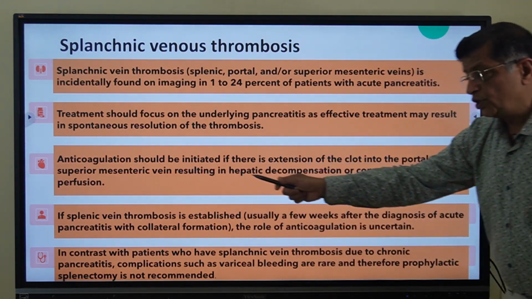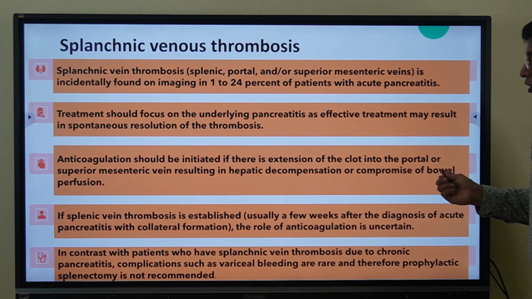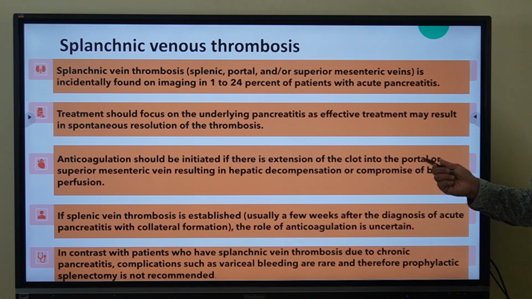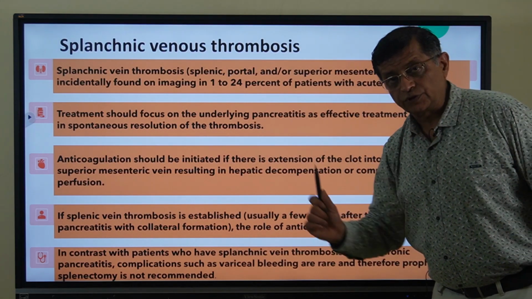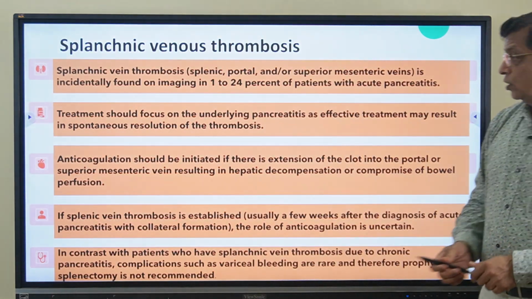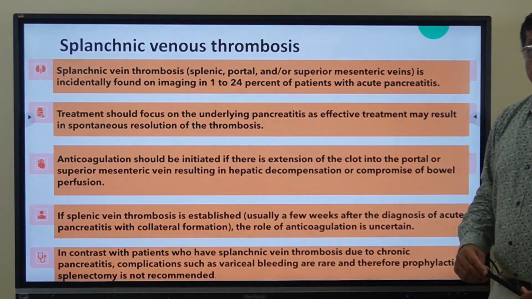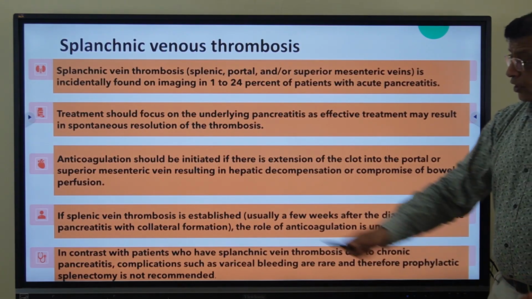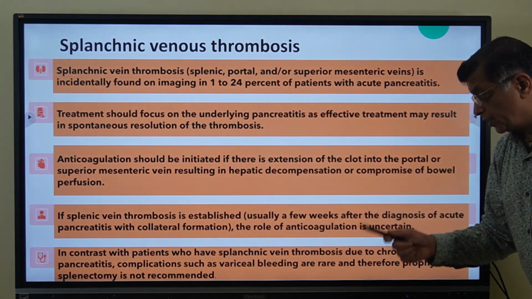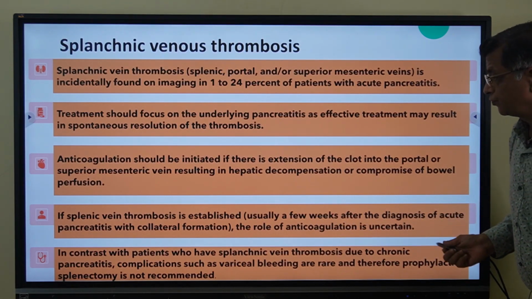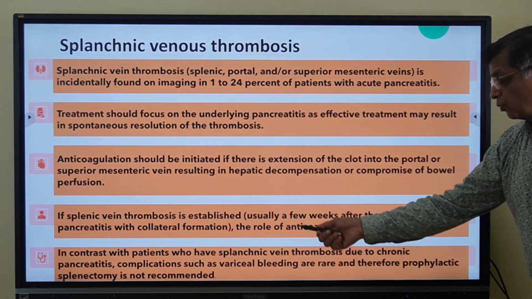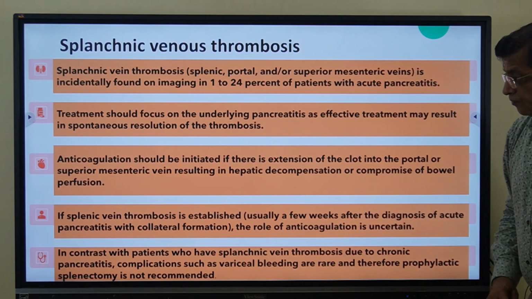Anticoagulation should be initiated if there is extension of clot into the portal or superior mesenteric vein resulting in hepatic decompensation or compromise of bowel perfusion. So if you think that the portal vein or the superior mesenteric vein is getting involved, causing bowel ischemia, then anticoagulation is required. If splenic vein thrombosis is established already, usually a few weeks after diagnosis of acute pancreatitis, when the collaterals are already formed, then probably anticoagulation is not required.